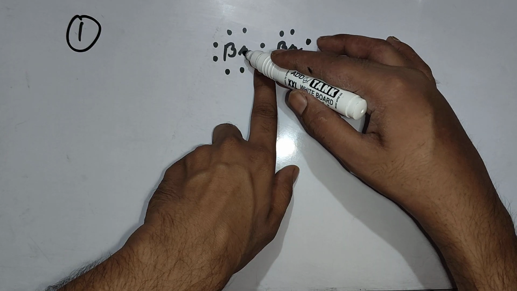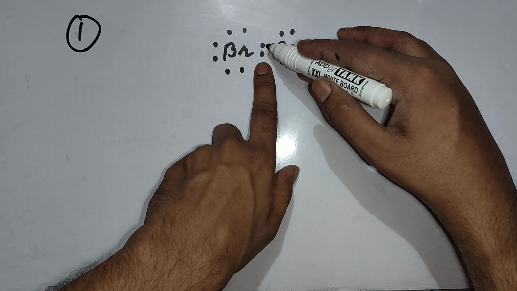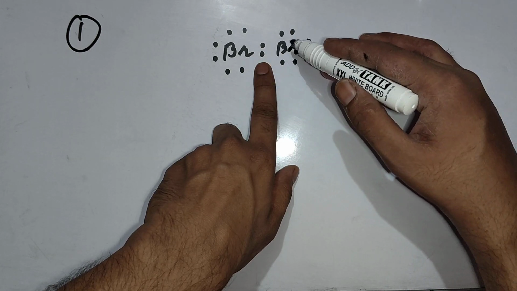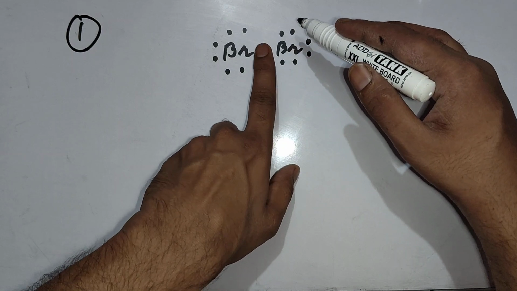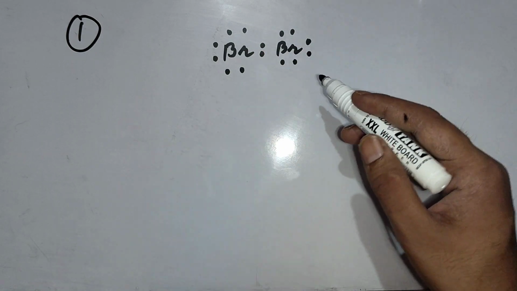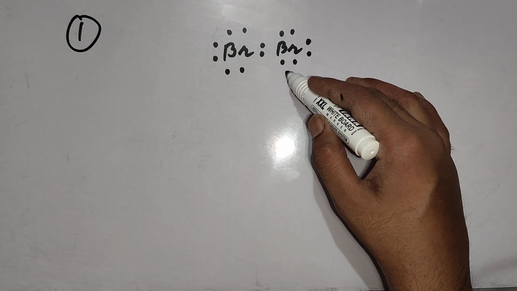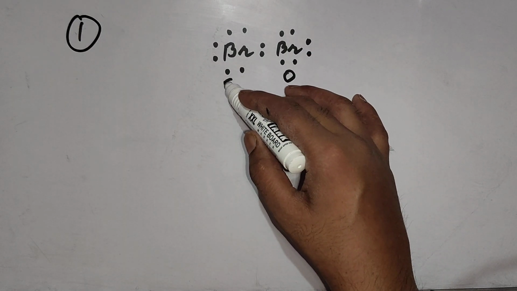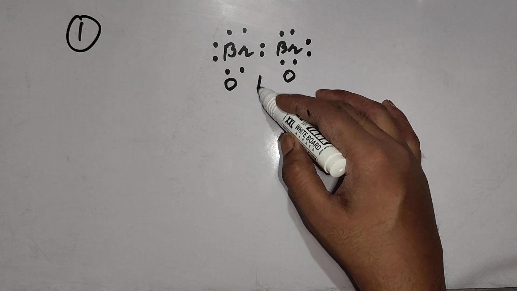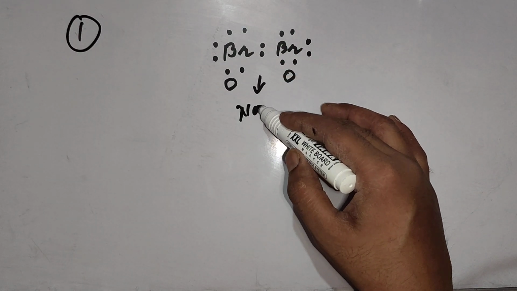One electron is from this bromine atom and one electron is from this bromine atom. Both bromine atoms have the same electronegativity, so the electrons will remain in the center. Neither will they go to that side nor to that side. So what will be the charge? The charge on this bromine atom will be 0, and on this bromine atom will be 0. This means the overall charge of the molecule will be 0. So this molecule is non-polar.